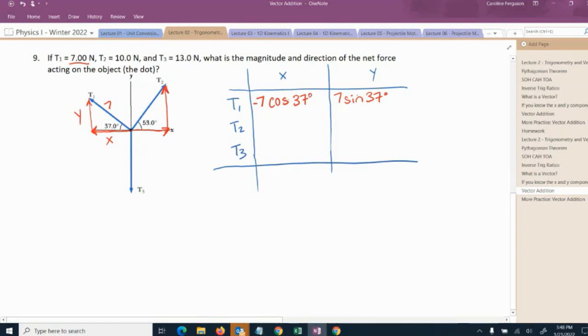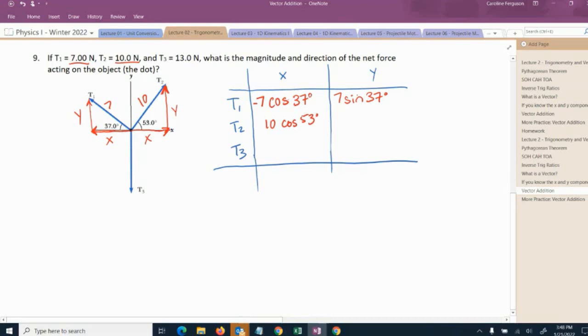And so now when I find the x component of that vector, is that sine or cos? You look at it and you say, okay, well, it's the adjacent side, so it's cos, yeah. So it would be T2, which is 10, tells me in the question. So it's 10 cos 53 degrees.